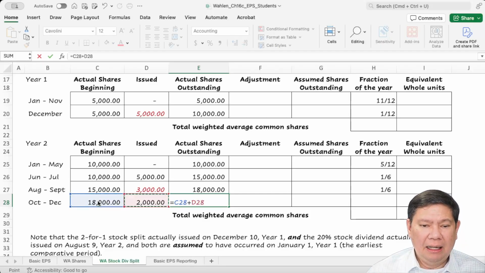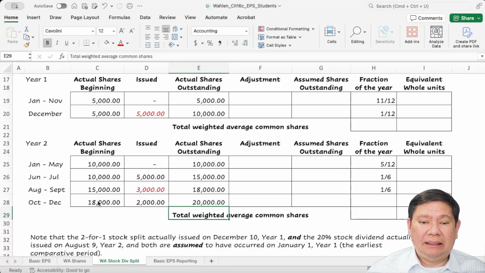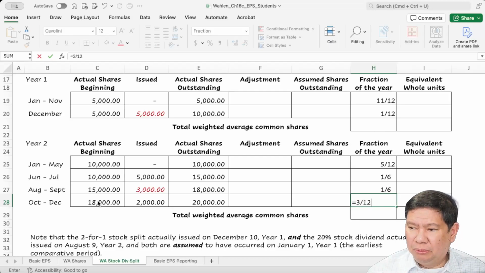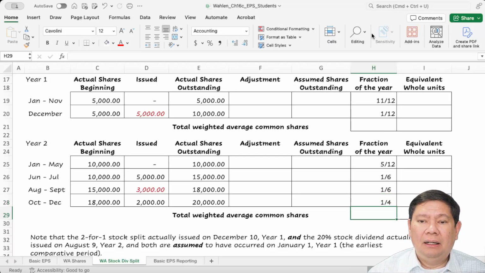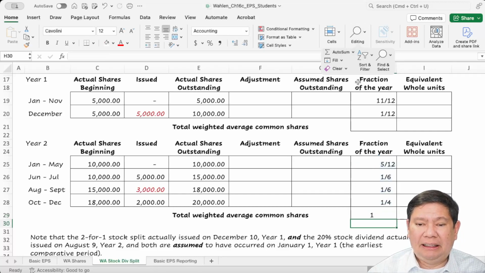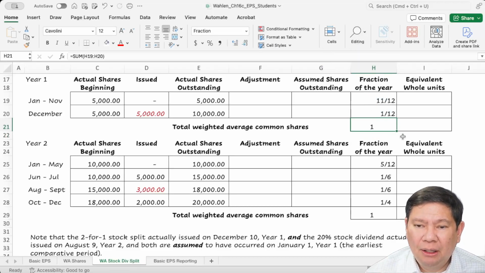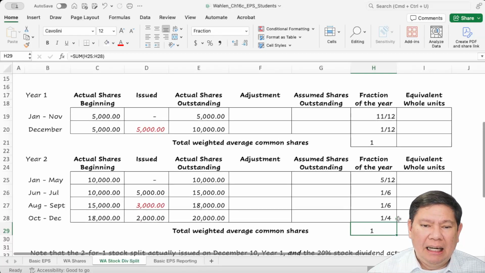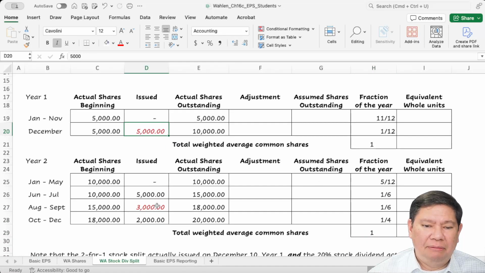The total shares outstanding for October, November, and December, which is 3 months out of 12, is 20,000 shares. So you see that the time weighting is 12 months, 1 year for year 1, and 12 months, 1 year for year 2. So we're good. Now there are 2 events here.